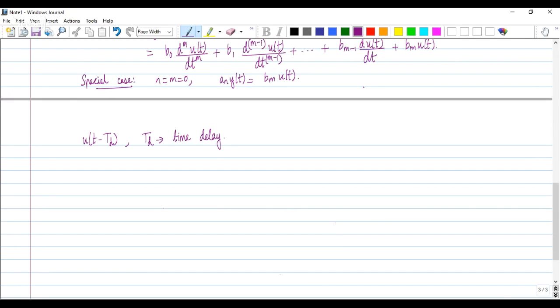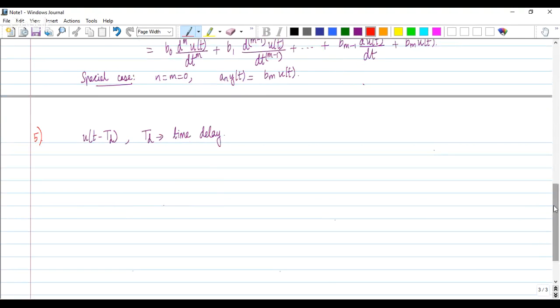If you recall the context under which we would have considered it, we would have considered a first order process with time delay given by a 3-parameter model, which is of this form, and the transfer function of this process or model, we would have derived it as b by (τs plus 1) e power minus TDs.